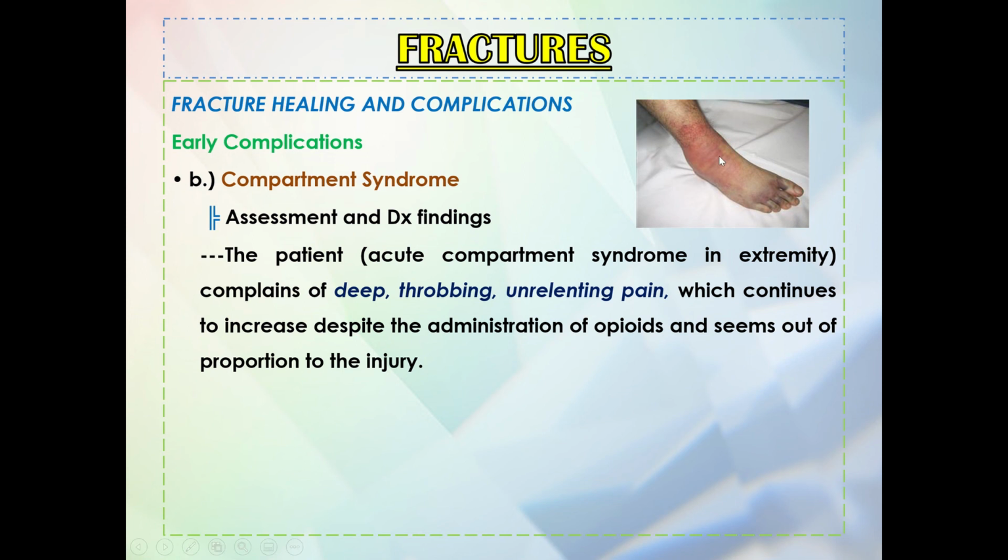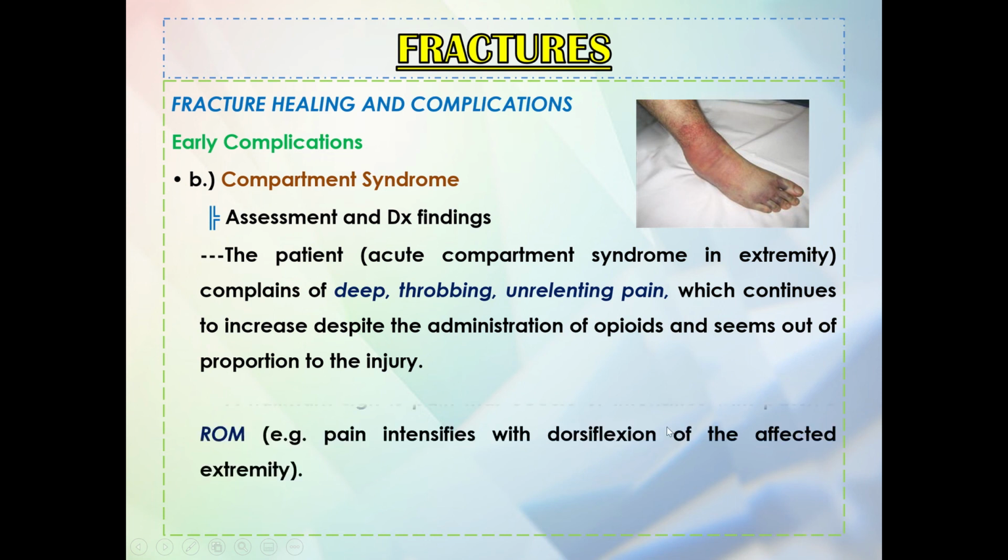So, nakikita natin na hindi siya proportion sa injury na meron siya. Parang lumalaki yung body part, nagkakaroon ng edema on that part. Unrelenting pain, ibig sabihin, kahit nabigyan mo siya ng opioids or analgesics, hindi nawawala yung pain kapag compartment syndrome.